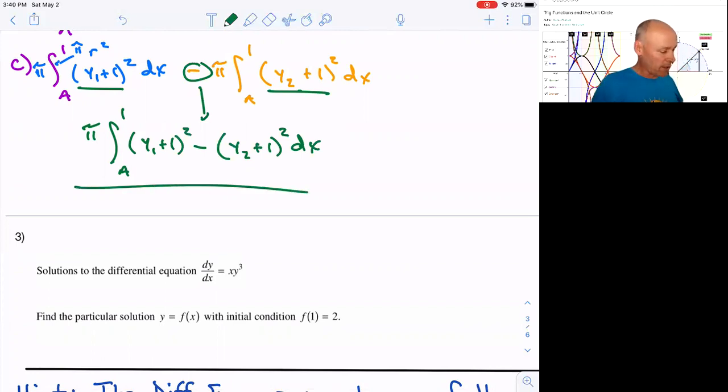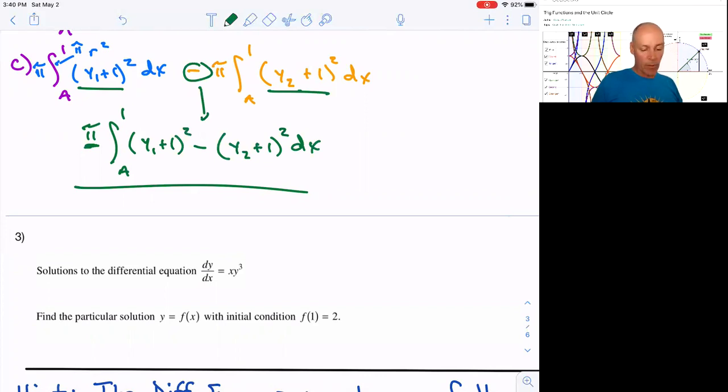Again, don't forget pi. So we got to put in pi first. So we've got pi times the definite integral. You can do times, you don't have to. Math, option 9, that's our definite integral. Lower bound is going to be a, upper bound is going to be 1.